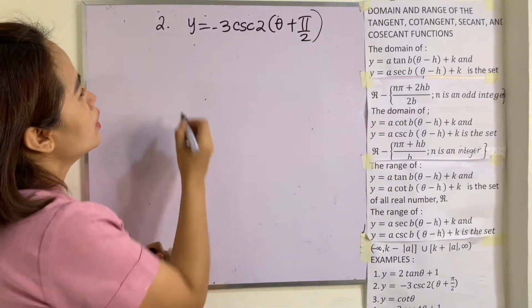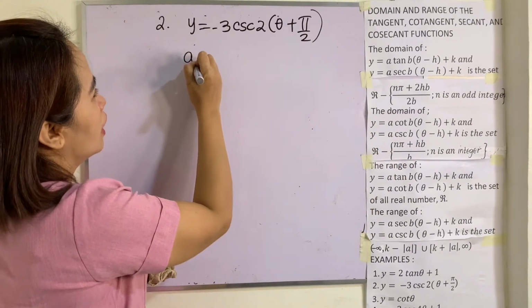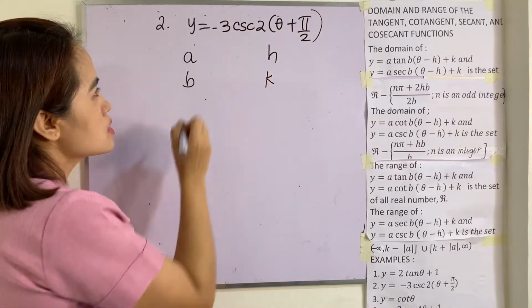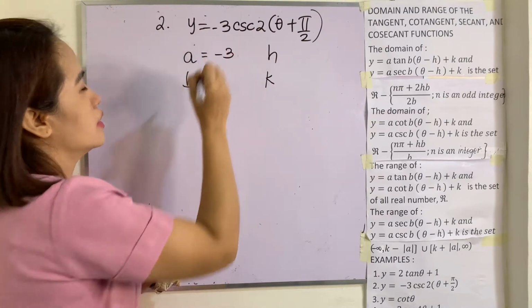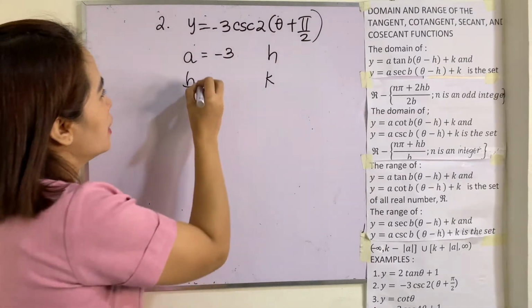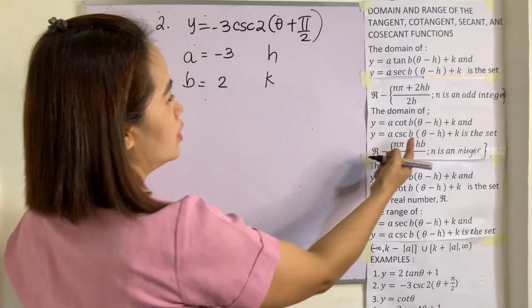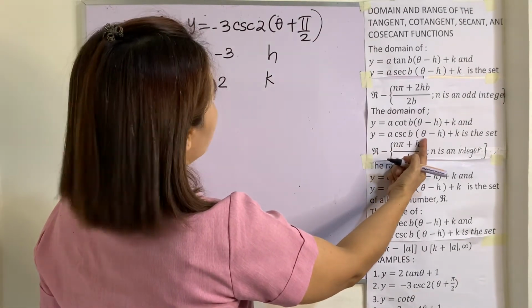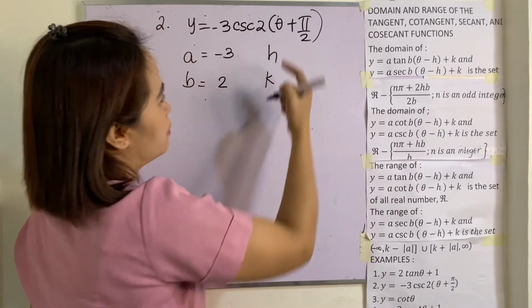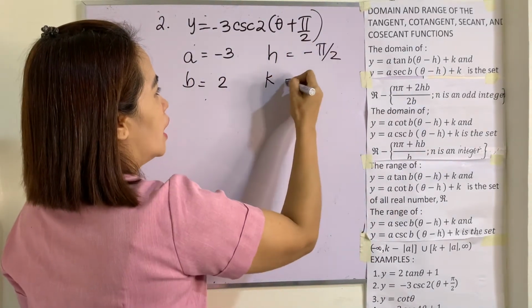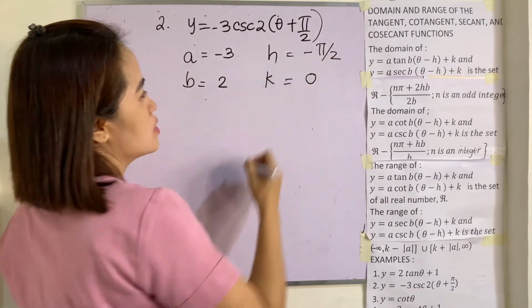So therefore, we can identify now the A, the B, the H, and the K. So our A here is negative 3. Our B here is positive 2. And our H here, this is written in, of course, minus. So this one is plus. So therefore, this one is negative pi over 2. And our K is a known 0.